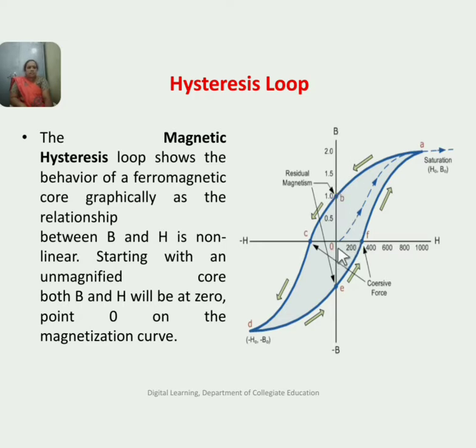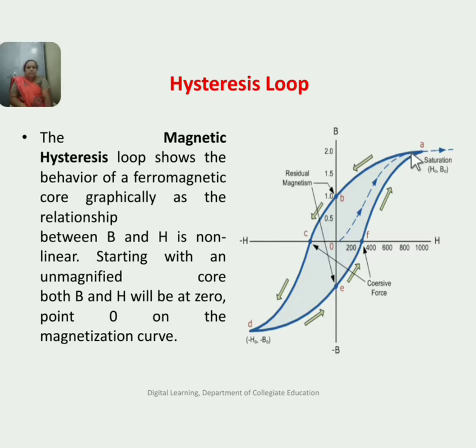This is shown in this figure, from 0 to A. B and H are both linearly increasing as I increases. This point A is known as the saturation point.